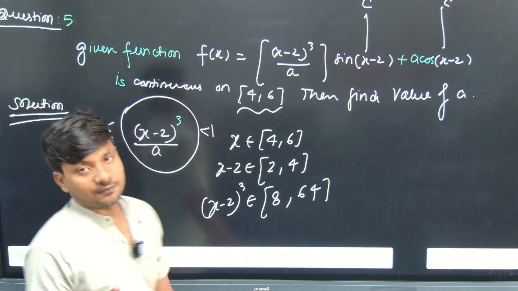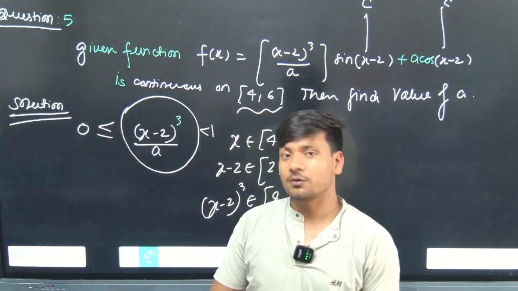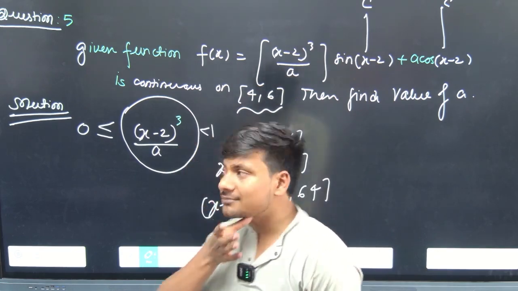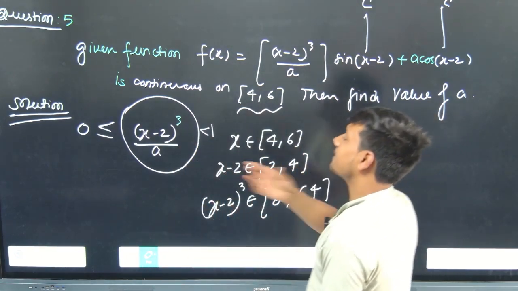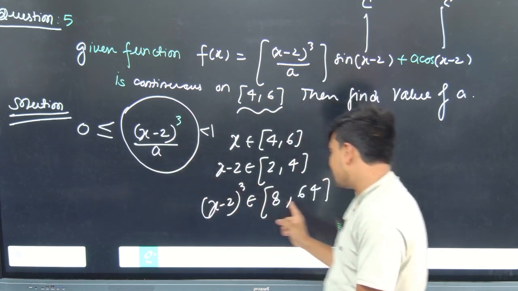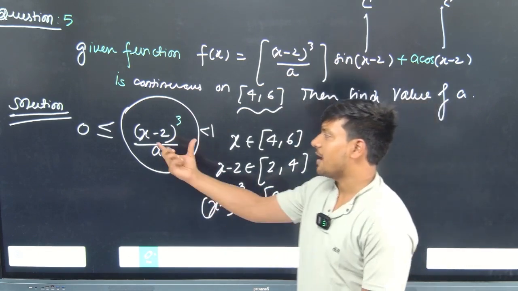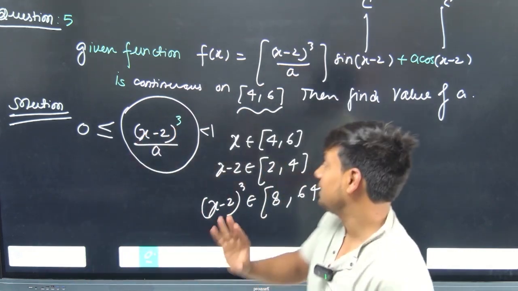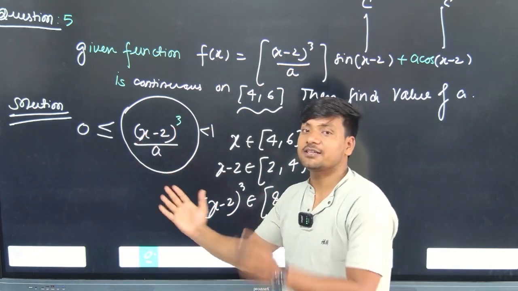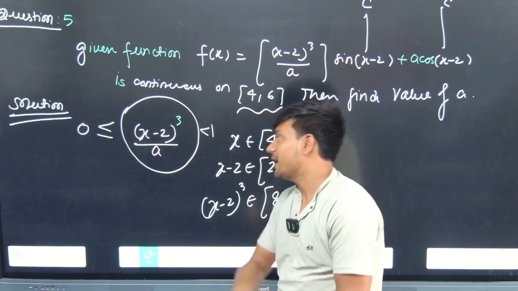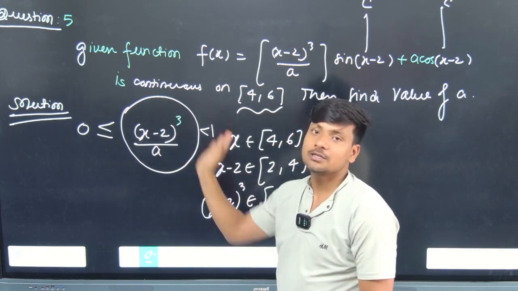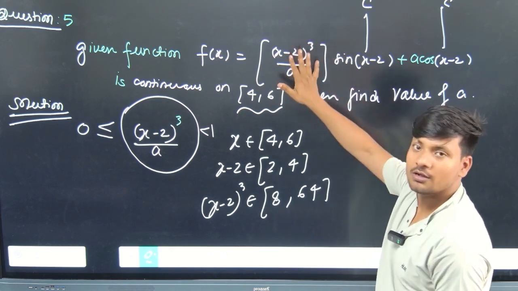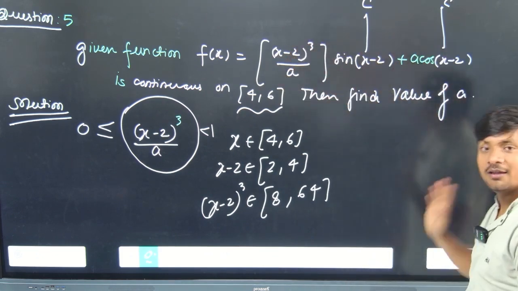And we know that the value of any fraction will be between 0 to 1 whenever the denominator is greater than the numerator, right? So if we take value of a greater than 64, because we know that the maximum value of (x minus 2) cube is 64, then this value will be between 0 to 1 and hence the greatest integer of this function will be 0 and hence the whole function will be continuous.